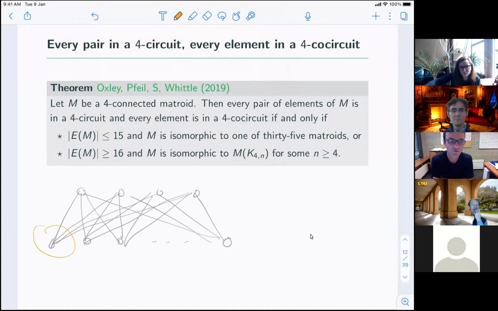I can just delete those 4 edges for that vertex, and that gives me my 4 co-circuit. The proof for getting at least 16 takes a bit more work than the previous one, because of the flexibility of 4 co-circuits, but you do exactly the same approach, it just requires a little bit more work.